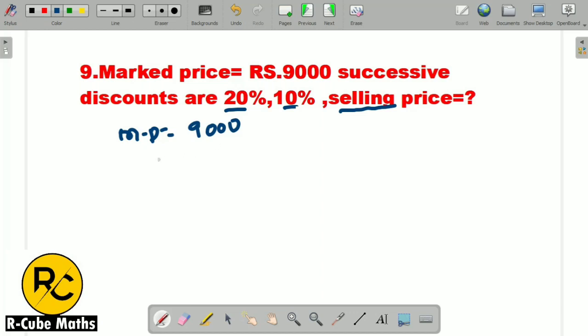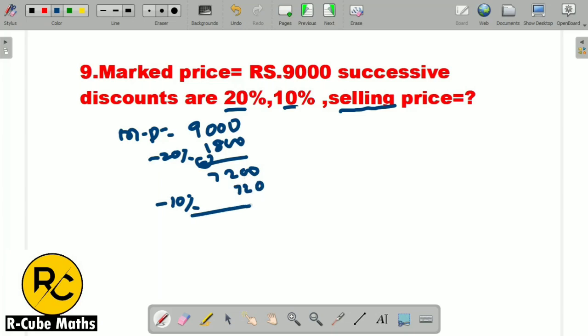Very simple. Now take 20% of 9,000. 10% is 900, 20% is 1,800. So we get 7,200. Now the second discount is 10%. 10% of 7,200 means 720.